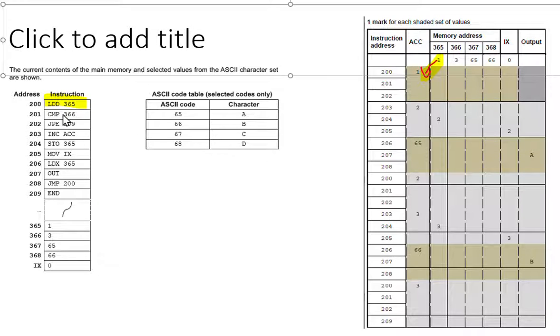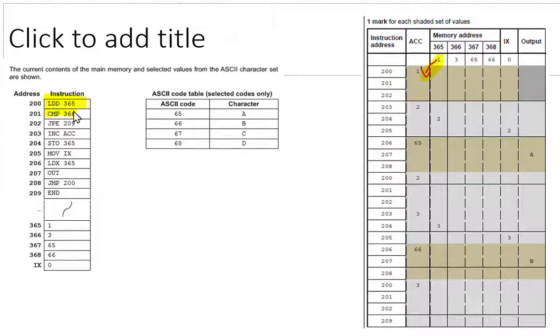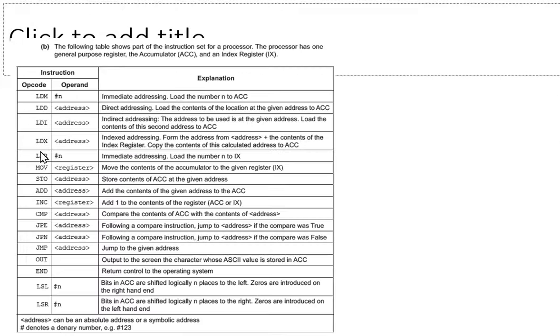And then I'm going to compare, CMP 366. So I'm going to compare the contents of the accumulator with the value in 366. And this instruction here, JPE, as following a compare, jump to the address if it's true.